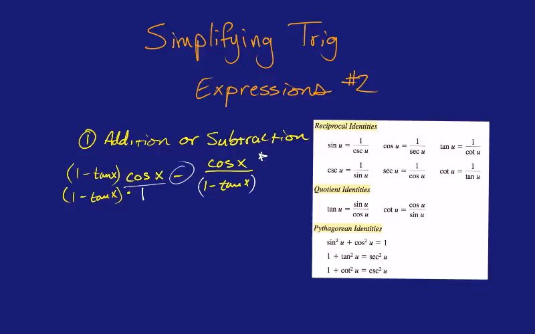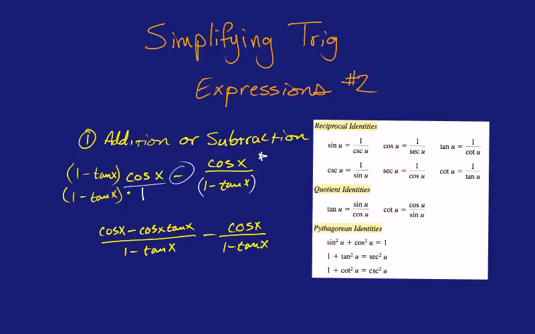And so now what's that going to give us? If I distribute the cosine to 1 minus tangent of x, that's going to give me cosine of x minus cosine of x times tangent of x all over 1 minus tangent of x, and then subtracted by cosine of x over 1 minus tangent of x.